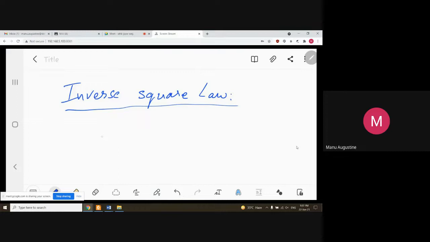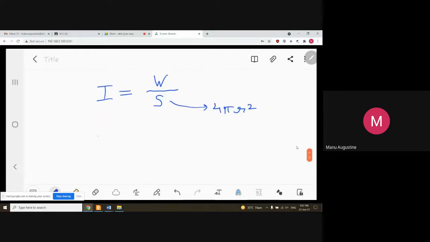It says that intensity of sound is equal to sound power, or watts, divided by the spherical surface area. Now this spherical surface area is 4 pi r square. So basically I can say that intensity of sound is W upon 4 pi r square.